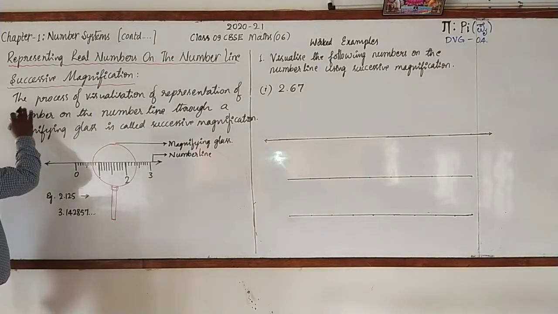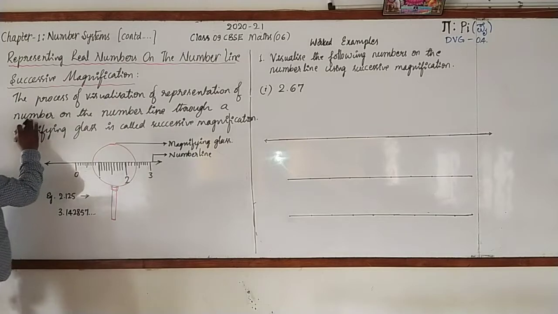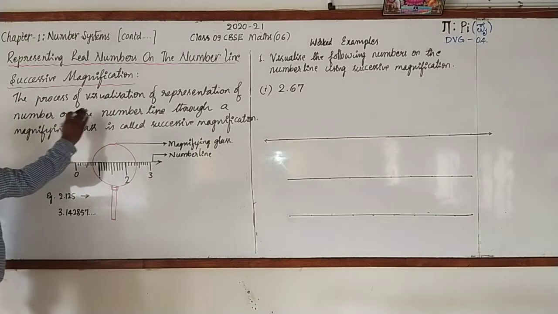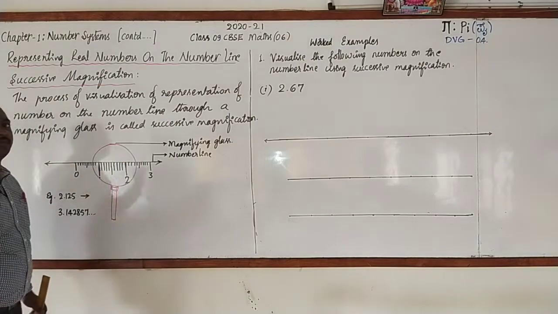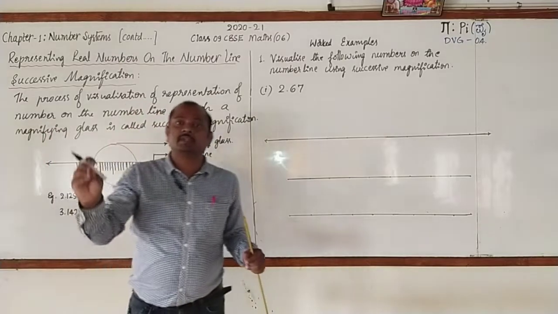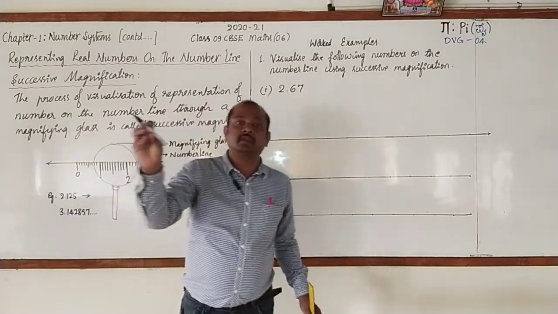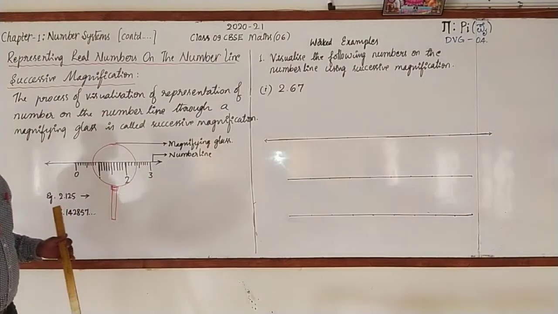The process of visualization of representation of a number on the number line through a magnifying glass is called successive magnification. Simply, if you want to write that in your own words, the method of representing the decimal numbers on the number line by using the magnifying glass is called successive magnification.